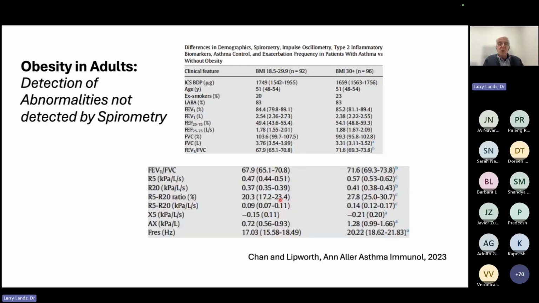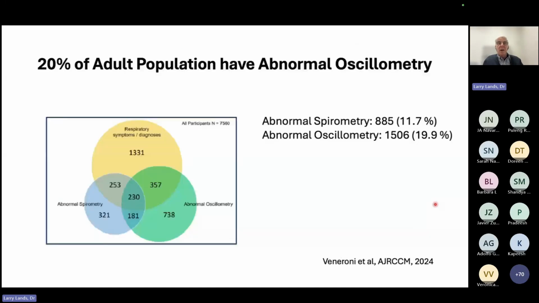And here again, you could see that the oscillometry values really picked up differences. So again, spirometry is not sensitive to small airways. You have to knock off about 50% of your small airways to see a change in resistance and start noticing it in your FEV1, whereas oscillometry can pick some of that up.